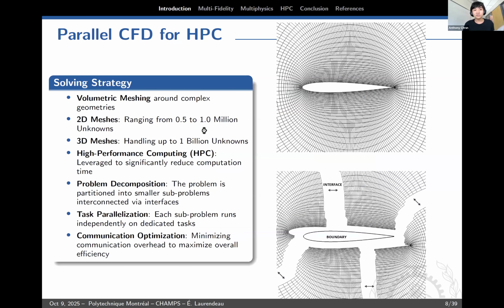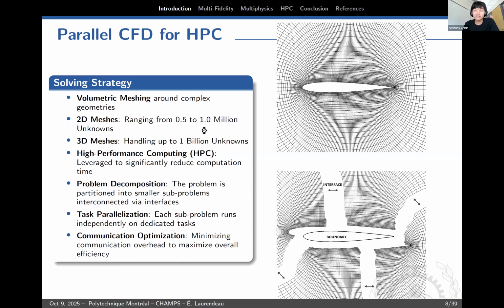The solving strategy in CFD is the following. Most CFD solvers use the finite volume method, which basically means that we discretize the fluid domain into a mesh composed of multiple thousands or even multiple millions of cells. The meshes are 2D or 3D, and they can range from a few million to 1 billion unknowns.